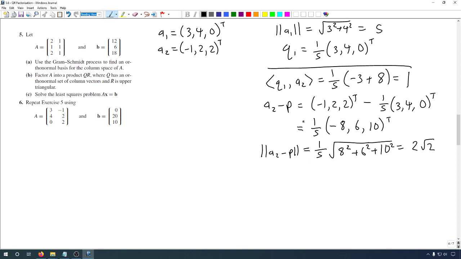And that means that if we go ahead and divide these, we get a Q2 of, well, like I said, we could have factored out a 2, so that 2 is going to cancel a 2. We're still going to have the 5 on the bottom, so we'll have 1 over 5 square root 2 times negative 4, 3, 5.